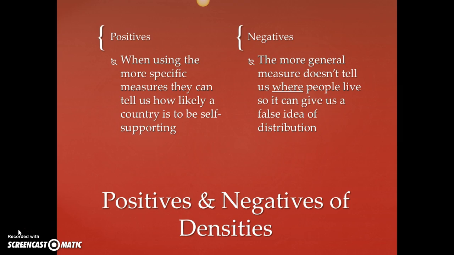Then you look at it and you realize, oh wait, something like 90% of the people live within approximately 15 miles of the Nile River. So when you look at that distribution, it gives you a very different idea in terms of how Egypt is being used versus looking at just the overall density. And if you stop and think about it, it makes sense because once you get away from the Nile River basin, you hit desert, and desert's too hot and too dry for people to live in comfortably.